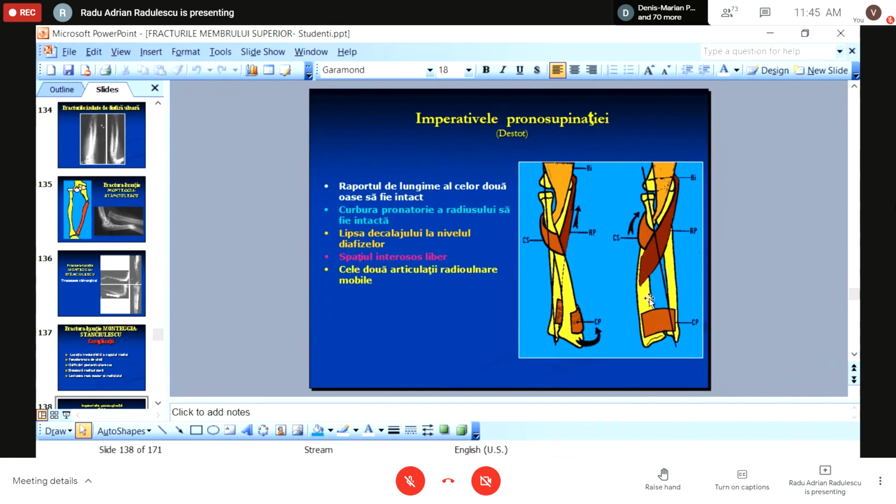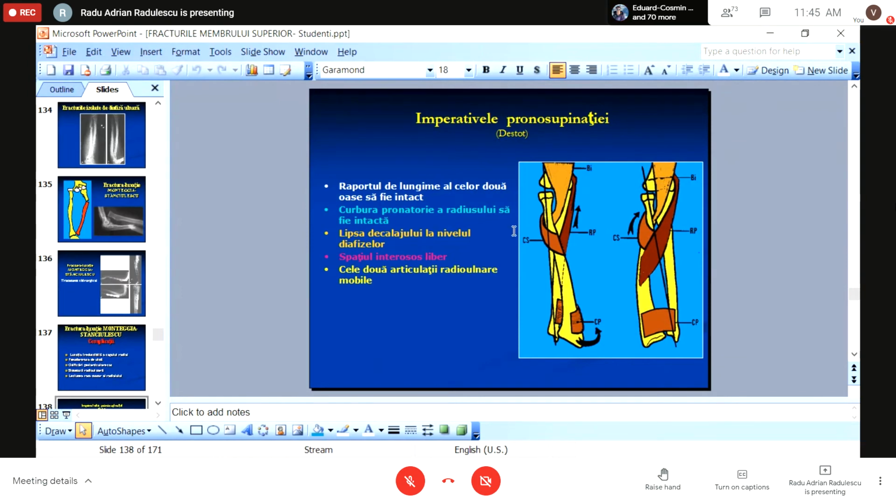So that's why during these fractures we always get rotational displacement of the diaphysis, meaning that the proximal part will go in a direction of supination, and the distal part goes in a direction of pronation.